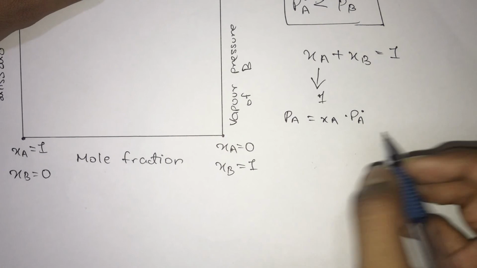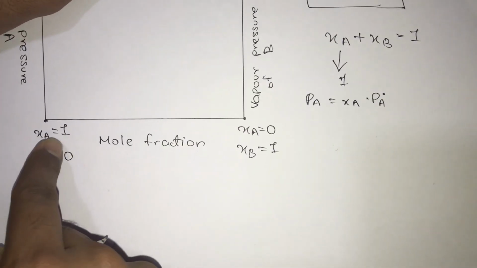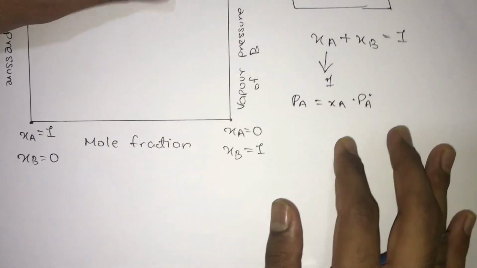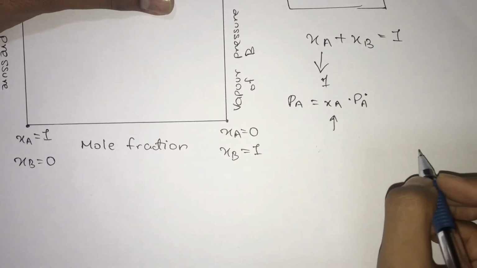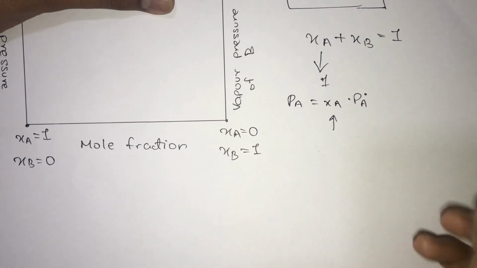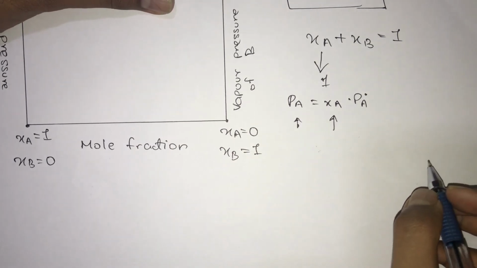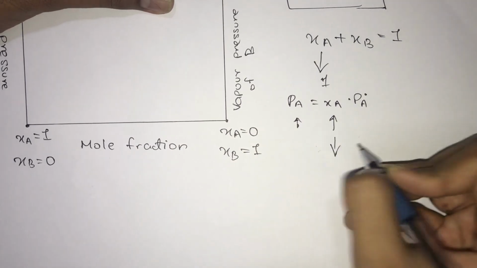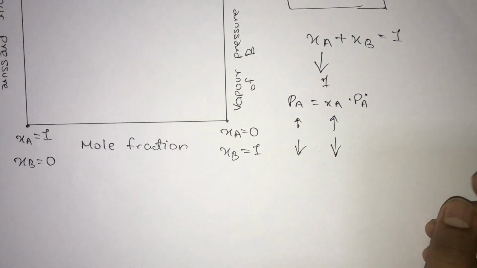XA is something which is varying, as you can see over here. It is decreasing from left to right. So if the value of XA increases, will the value of PA increase or decrease? Obviously the value of PA is also going to increase, and if the value of XA decreases, then the value of PA is also going to decrease.